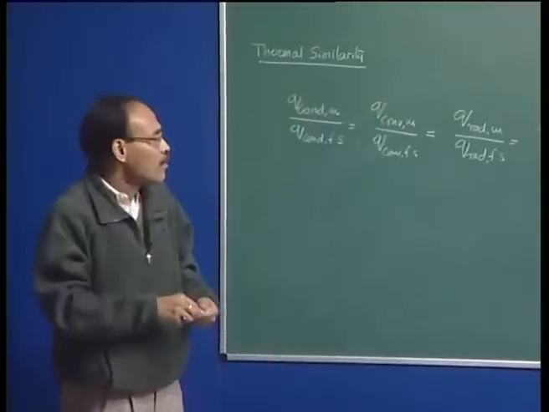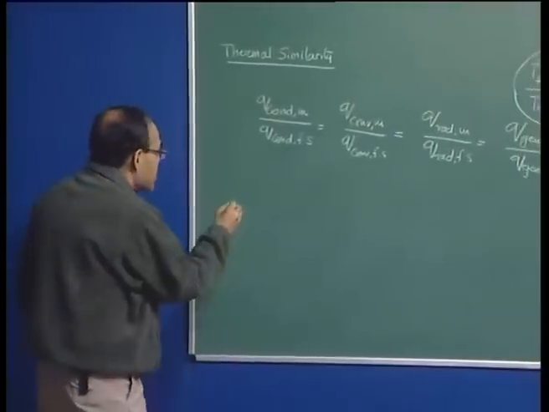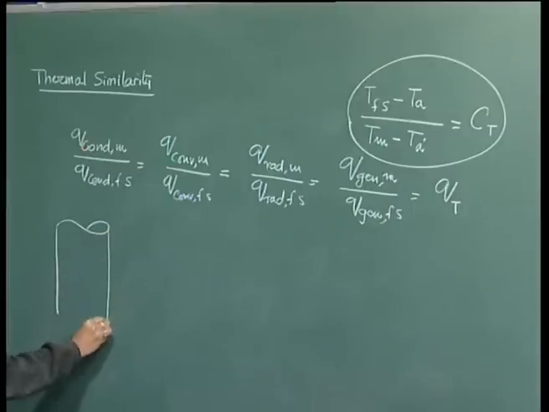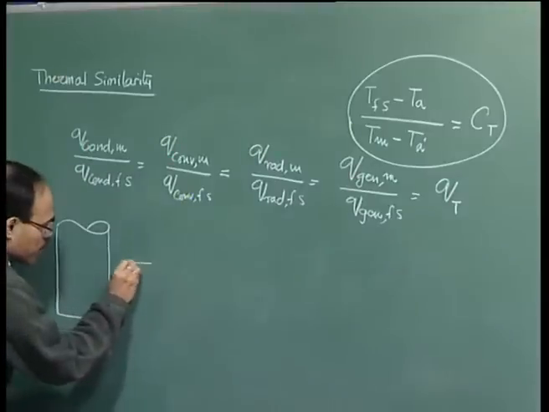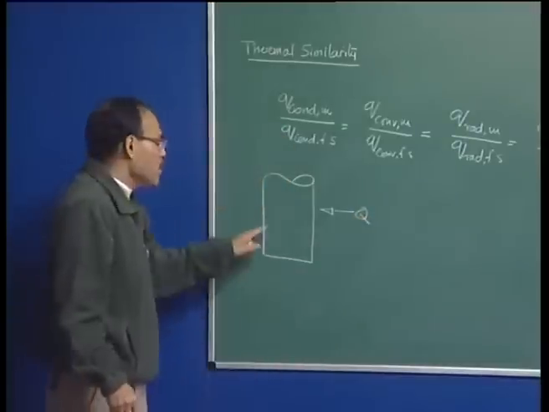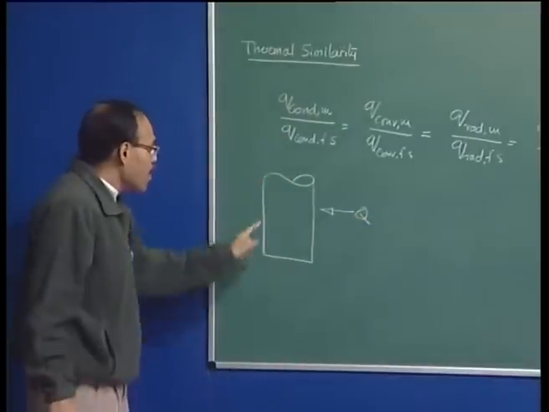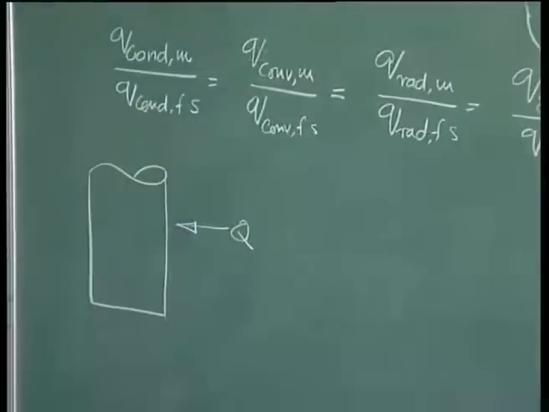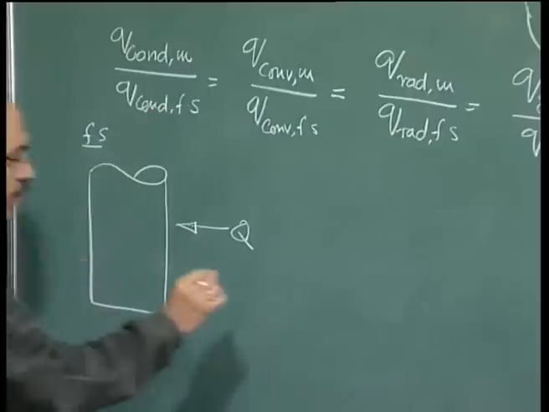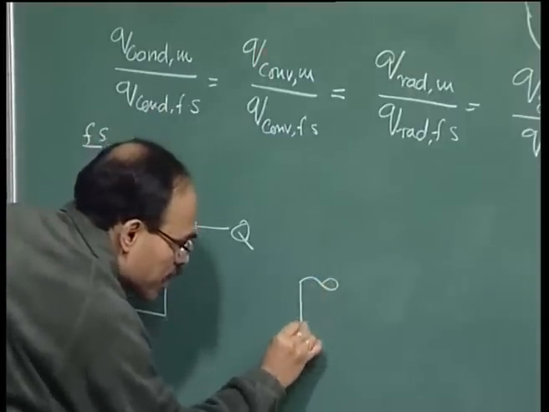For example, if I say that look, there is a cylinder, and this cylinder is subjected to some Q, it is being heated, and I am interested to find out the temperature here. Suppose this is my full scale system, and then I have a small scale model.